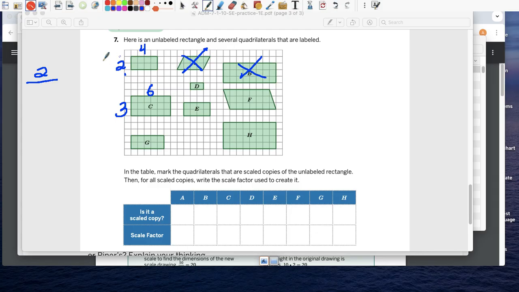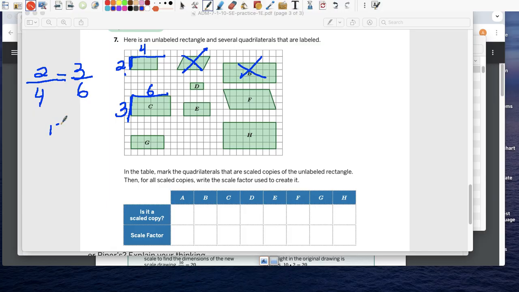So the ratio of these two sides, 2 over 4, should equal the ratio of these two sides. Remember, we have to use the same two sides, and the corresponding sides. So the 2 and the 3 match. Those are corresponding sides. And the 4 here and the 6 are corresponding sides. So when you set up this way, well, you can cross multiply.